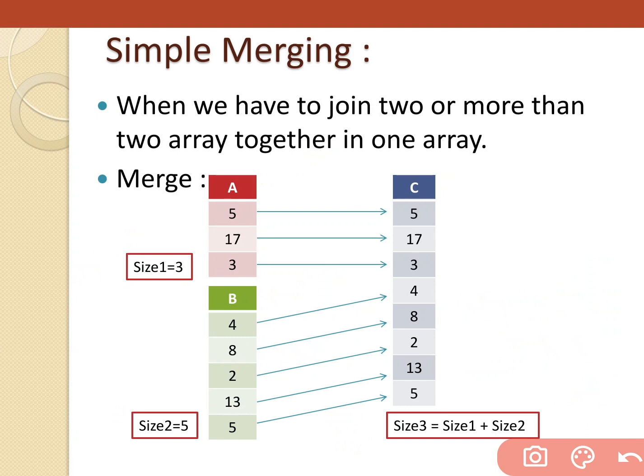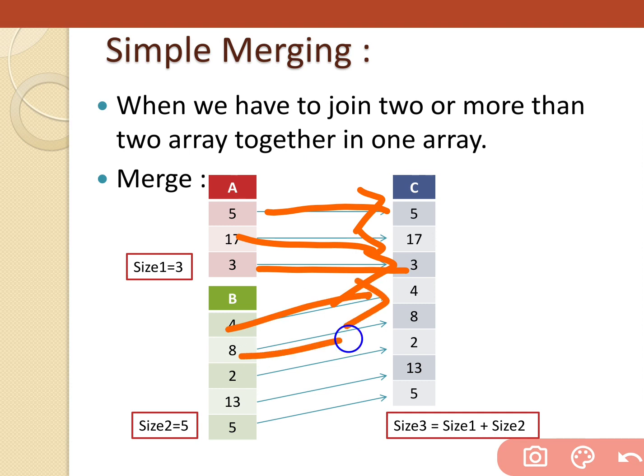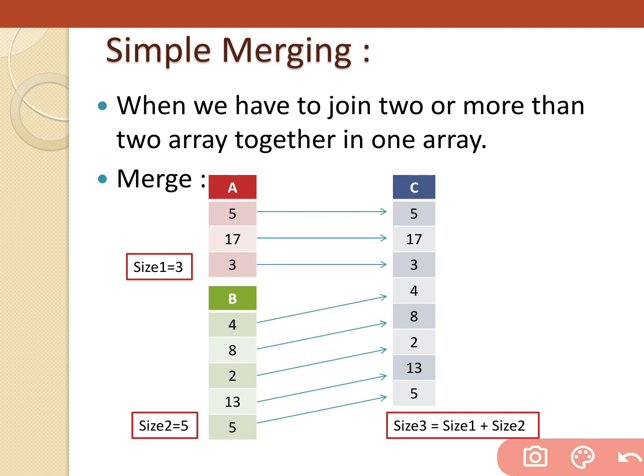What we have to do is send the elements one by one into array C. The position of A starts at 0. We place the 0th element in the 0th location, 1 in 1, 2 in 2.